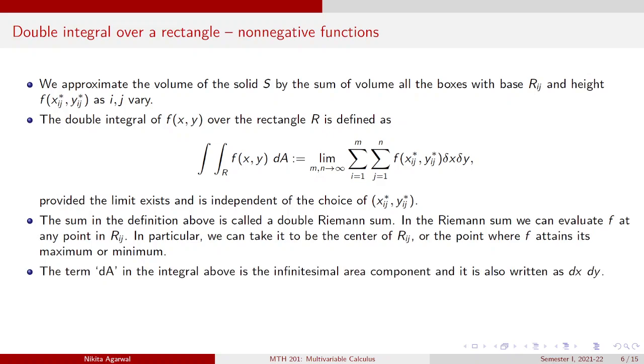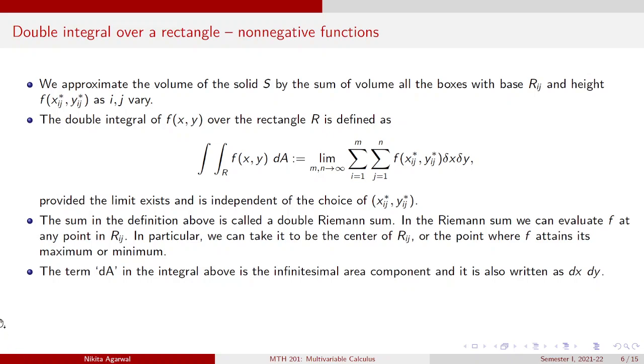Okay. Now let us come to this notation. This double integral refers to a function of two variables. You write the domain on the bottom like you do in one variable. And what is this dA? In one variable you write dx, dy, or whatever the variable is, right? That is the infinitesimal change in the variable.